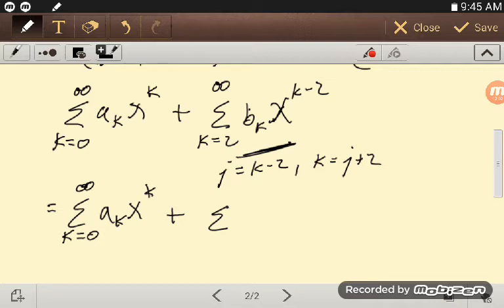Now, k started at 2, but if k is 2, then 2 minus 2 is 0, so j equals 0. When I go up to infinity, if I subtract 2, it still goes off to infinity, so I have j equals 0 to infinity.